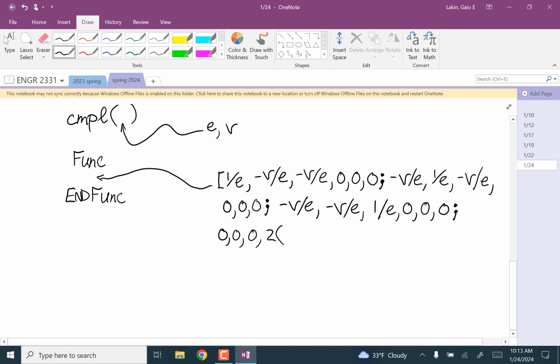And then 0, comma, 0, comma, 0. Then 2 times 1 plus V over E. I suppose use the multiplication symbol there. Semicolon. Nope. I missed the last 2 zeros. Now 4 zeros to start.